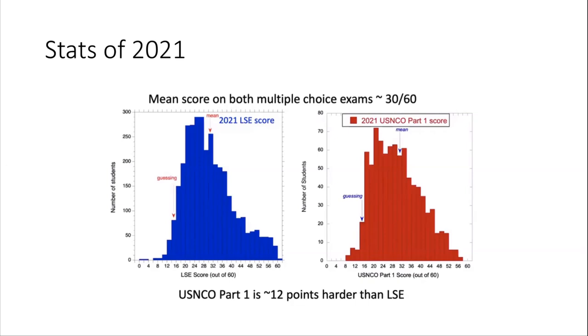And then the national Part 1 in 2021, the mean is also 31. But it doesn't mean they have the same difficulty, right? Don't forget, the national exam takers are actually the top students from the local exam, right? So actually, there is a significant elevation of the difficulty.